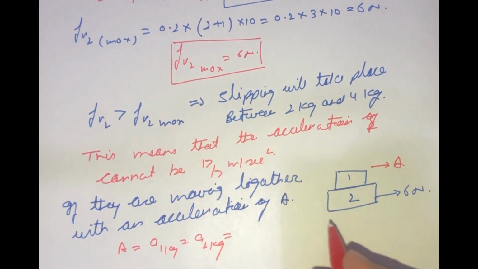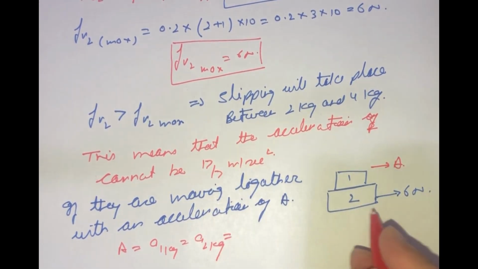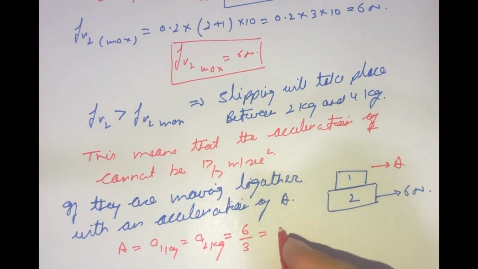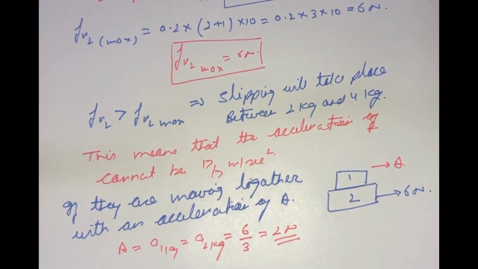So this will be coming as 6 force and total mass is 3. So we get this as 2 meter per second square.